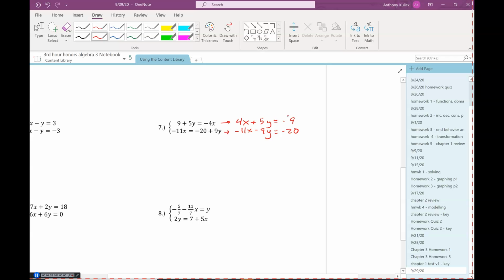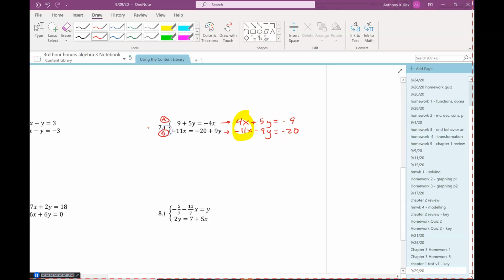Okay. Now I'm going to pick a variable to eliminate. I can choose to eliminate the x's or the y's. It doesn't make much difference here. For the sake of argument, let's eliminate the x's. To do that, I'm going to multiply the first equation by 11 and the second equation by 4, so the coefficients on my x will be negative 44 and positive 44.